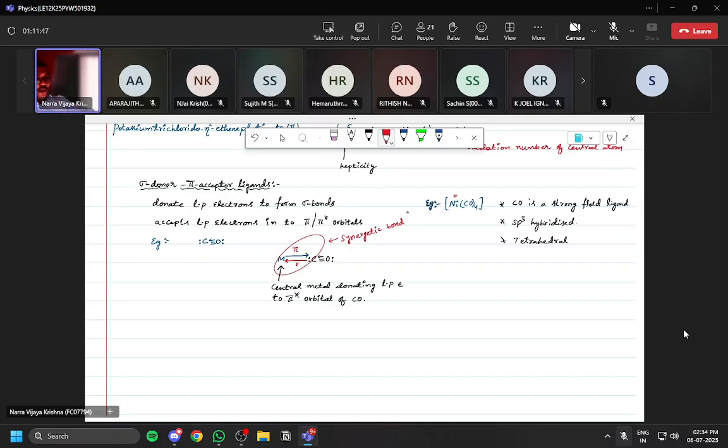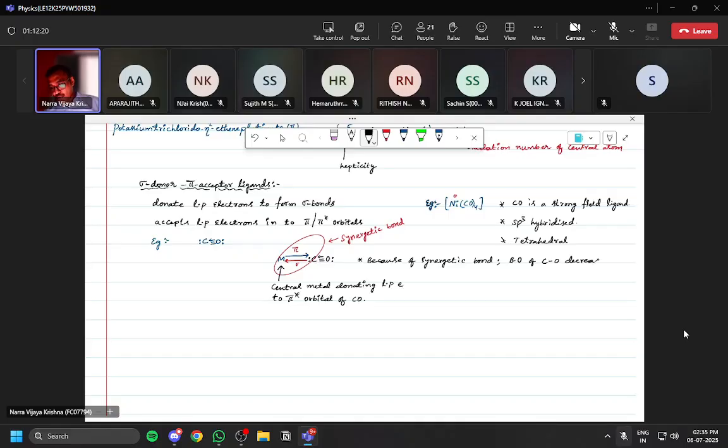Because of synergic bond, what happens to bond order of CO? Bond order of C and O decreases.